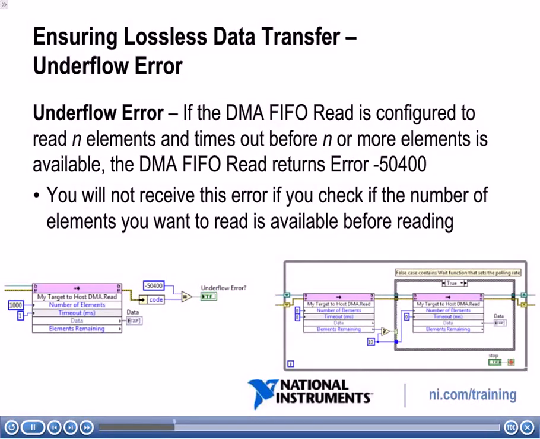In this case, we're looking for 10 elements. And our DMA read, that second one, is only going to read when it knows for sure that there's at least 10 elements in the FIFO that are available for reading. Okay, so if you're using the method on the right, then you really don't need to worry about this underflow error.